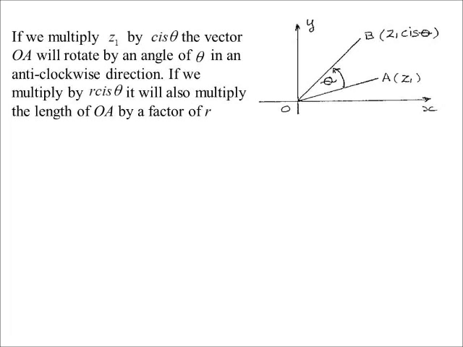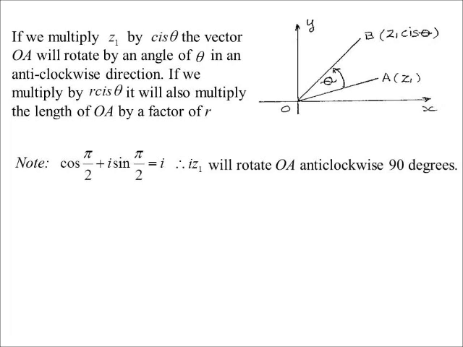So I've added that argument onto the original vector. And if its modulus wasn't 1, then its length would be multiplied by r, whatever the length is of what you're multiplying by.